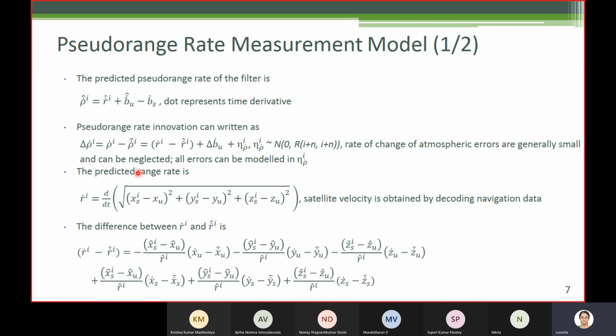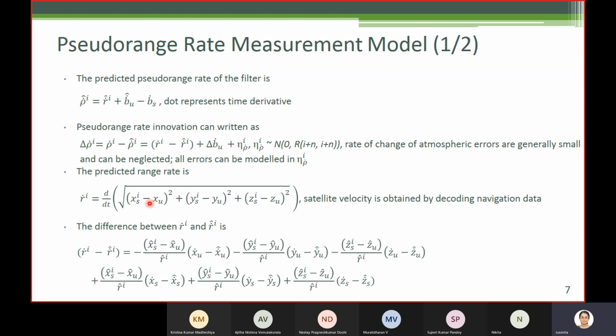What is R dot? This is R, the geometric range or true range to the satellite. The time derivative of the range is R dot. If you do the time derivative, you will find that it is a function of satellite velocity and user velocity.